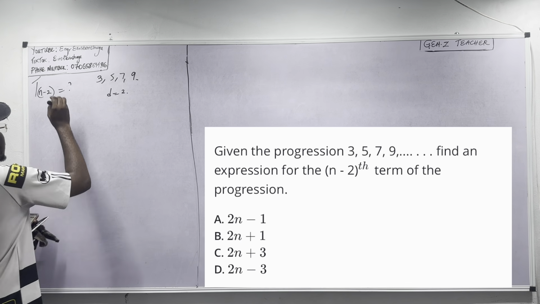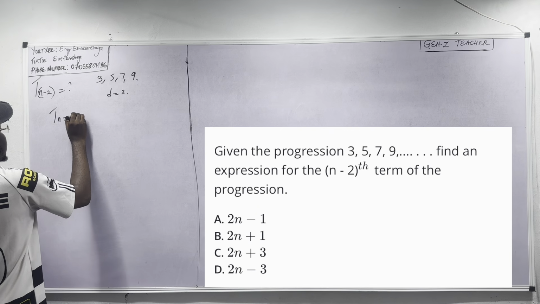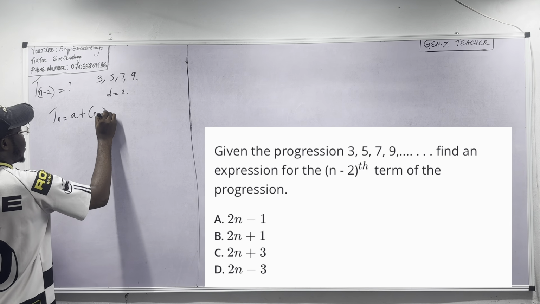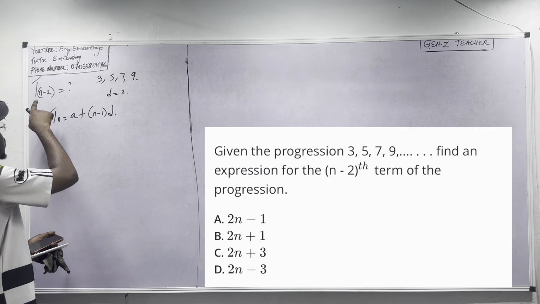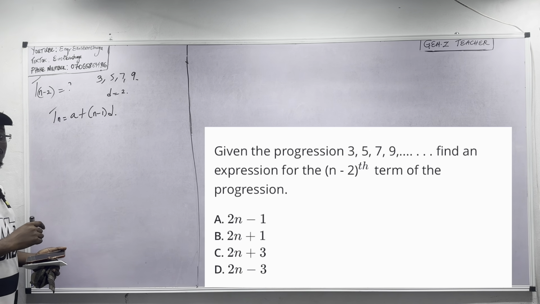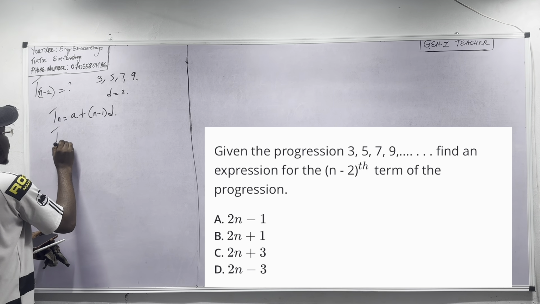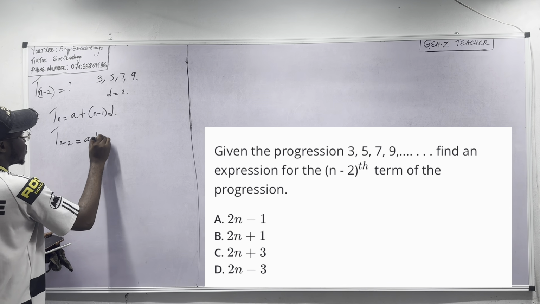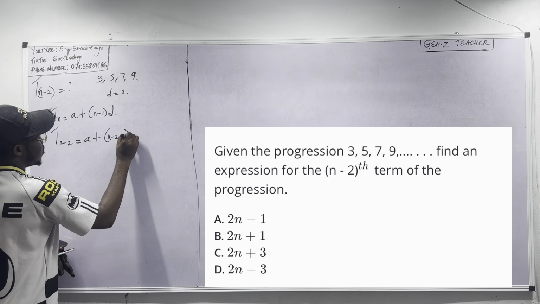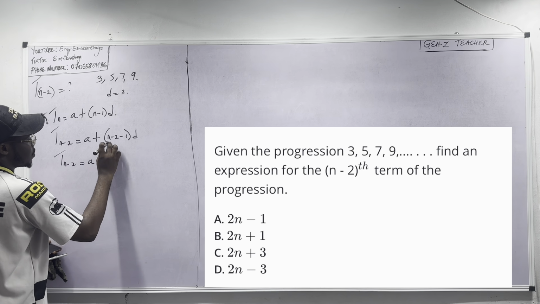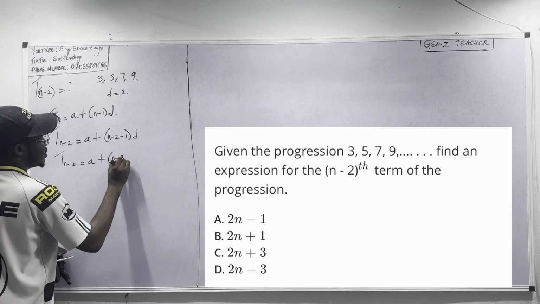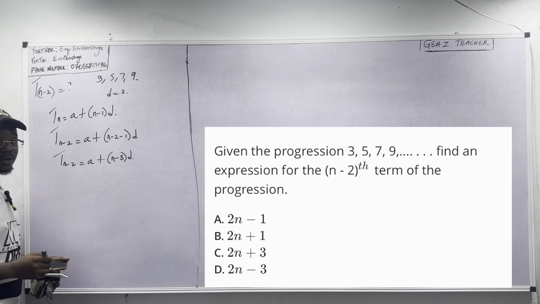So for every AP, normally the nth term is a plus (n minus 1)d. So we have to find the (n minus 2)th term, meaning anywhere you see n, put n minus 2. So you're going to have t(n minus 2) equal to a plus (n minus 2 minus 1)d. So t(n minus 2) equals a plus (n minus 3)d. Okay, now let's plug our values into the equation.